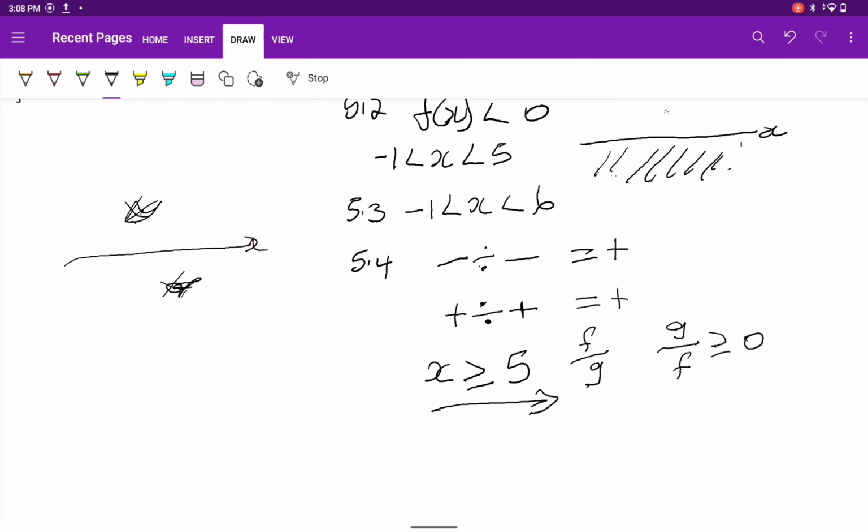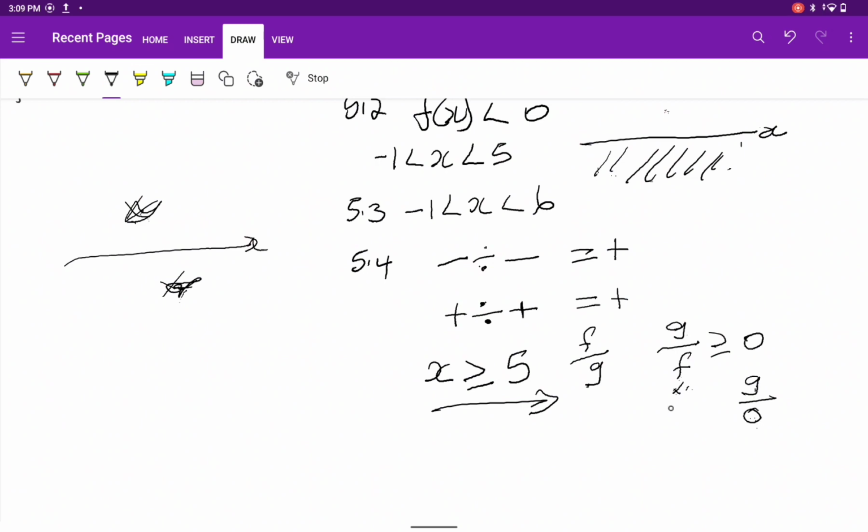Now we will still have the solution at the same place, but if you check our 5, it's on f, and if it's equals to 5, then we are going to have it as 0 there, and we'll have a division by 0, which is undefined.